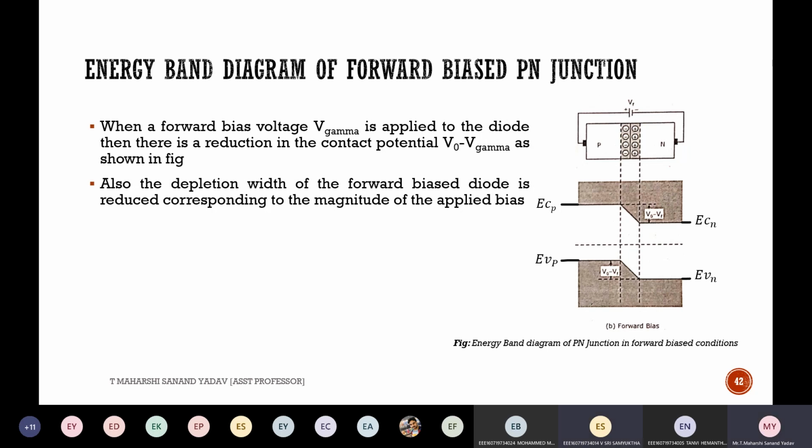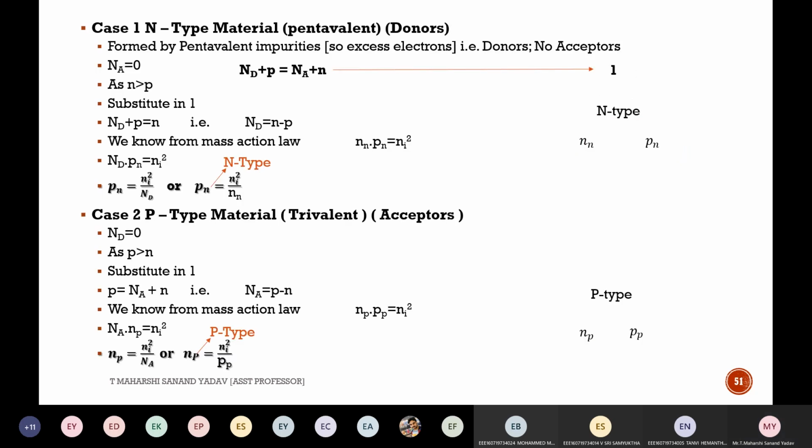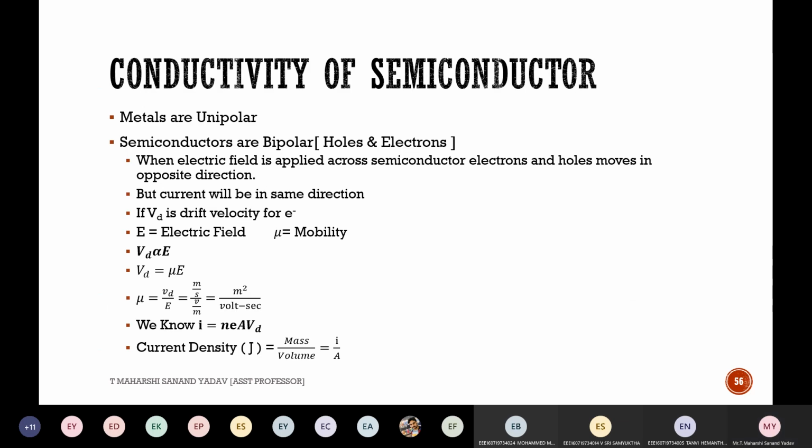Okay. What is meant by unipolar and bipolar? Differences. No idea. Is a semiconductor unipolar or bipolar? In a semiconductor, is conductivity because of electrons or holes or both?